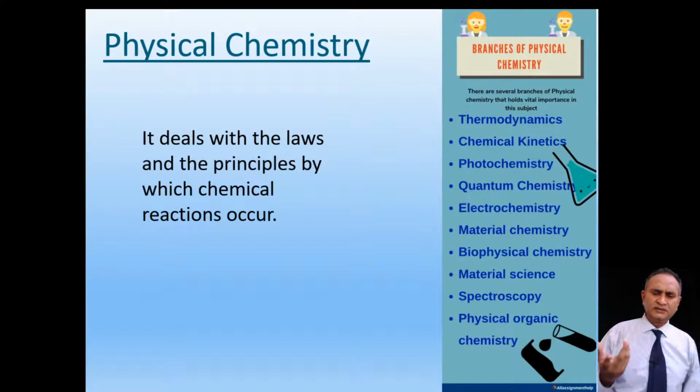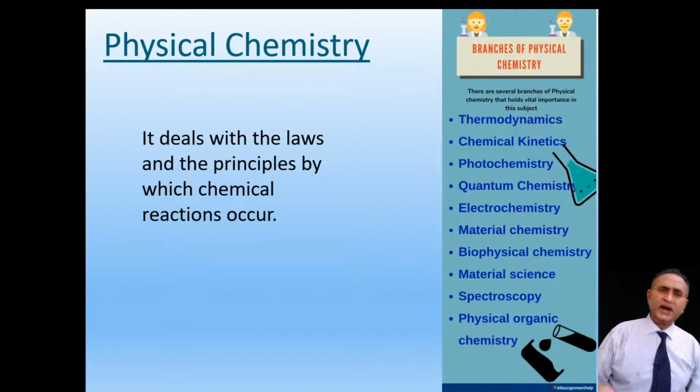All right? It is the study of all the rules and regulations which should be followed by the reacting atoms to proceed to form compounds. It has an impact on our daily life, like thermodynamics, photochemistry, this and that.